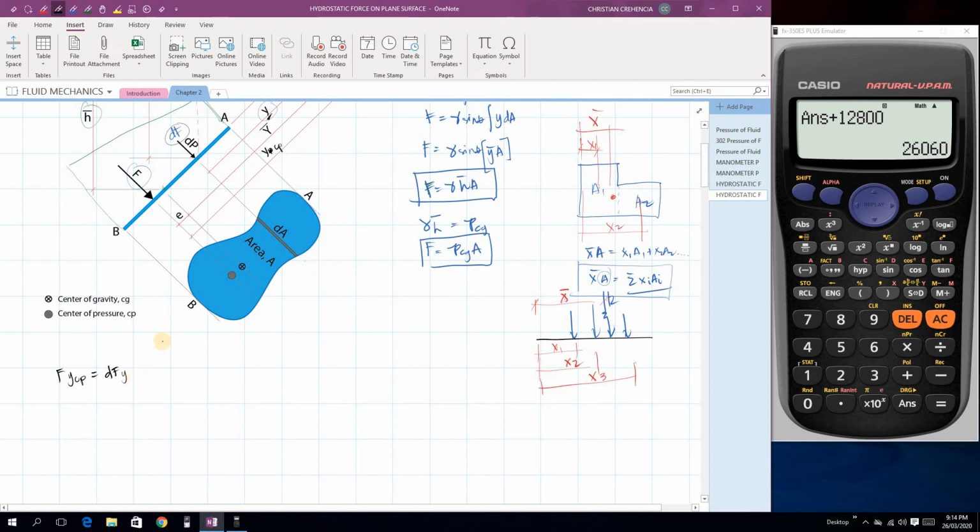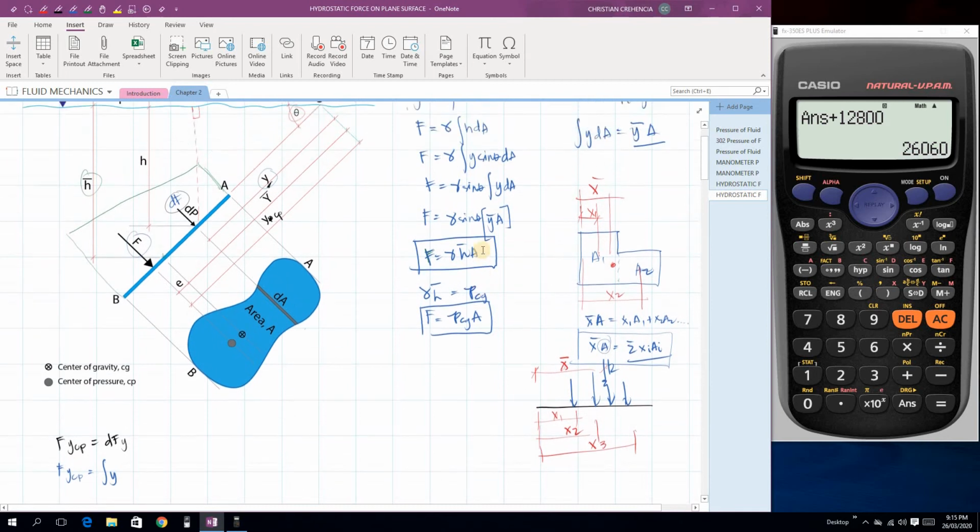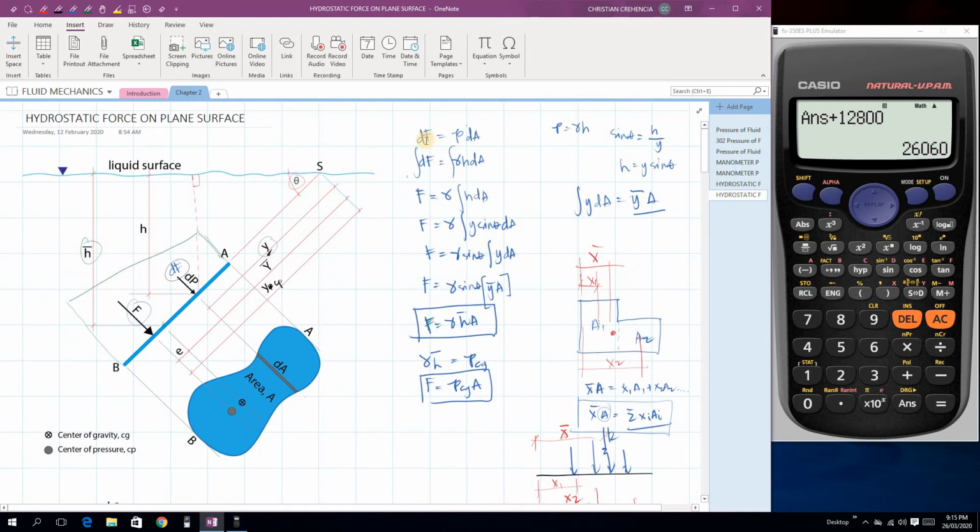Okay, so F, yung force F times ycp is equal to, kunin natin integral nito, no? Integral of y. So, yung differential force is equal to, kung babalikan natin dito, meron tayong differential force dito.